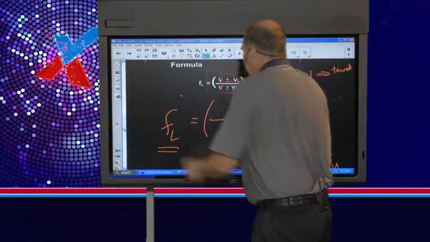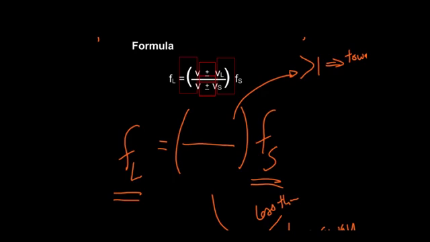The next thing I want to say to you is a very simple thing. It says the velocity of sound plus or minus the velocity of the listener as the numerator on the top of the fraction, over the denominator, the velocity of sound plus or minus the velocity of the source. Now, in the data sheet, it gives it to you like this.